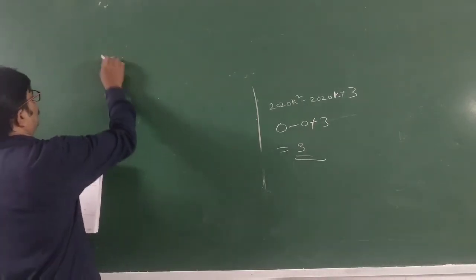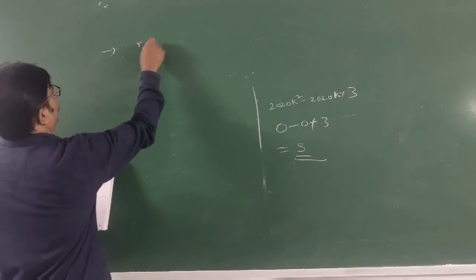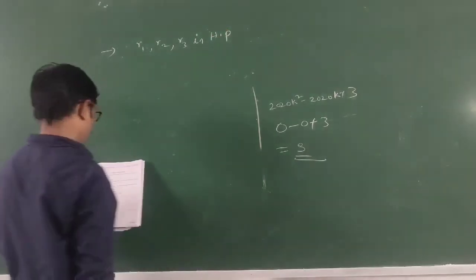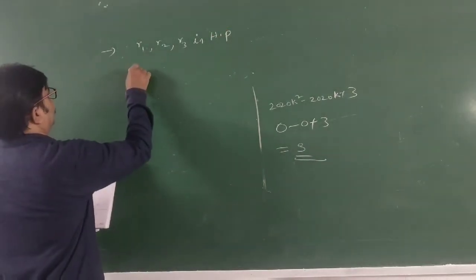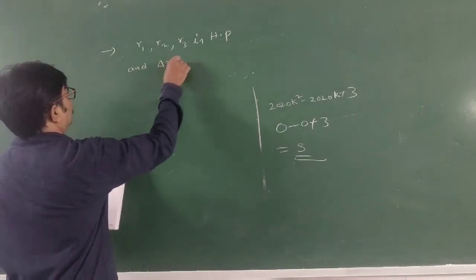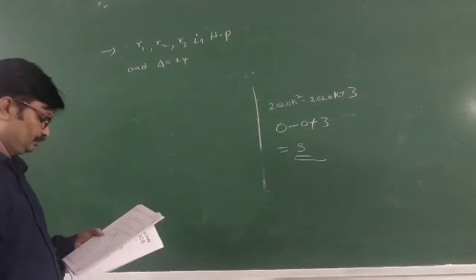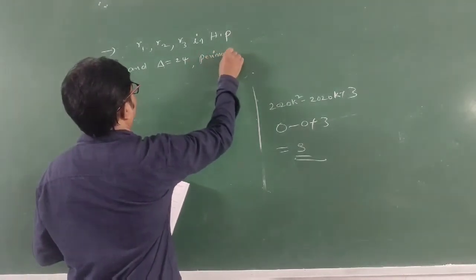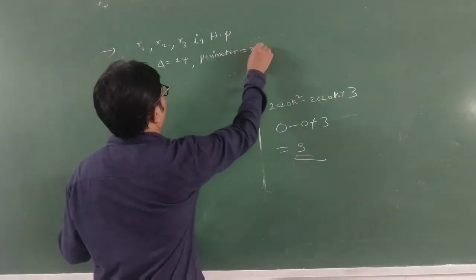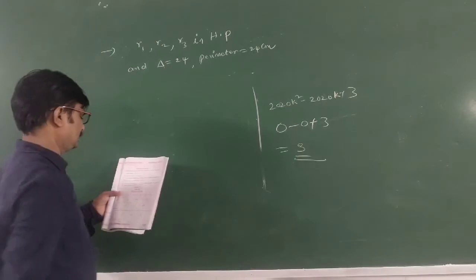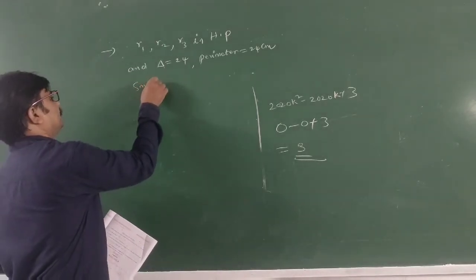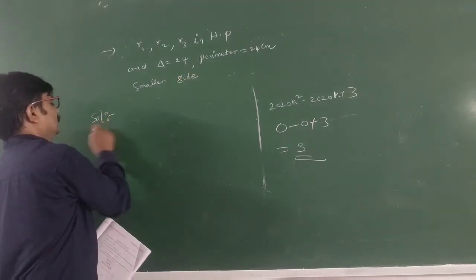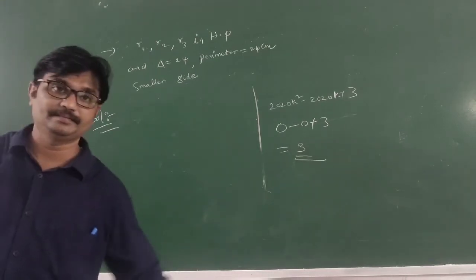So dear students, the next question: r1, r2, r3 are in harmonic progression, and given that the area of the triangle is 24, and the perimeter is also 24. So what is the smaller side? Now we have to find the smallest side.